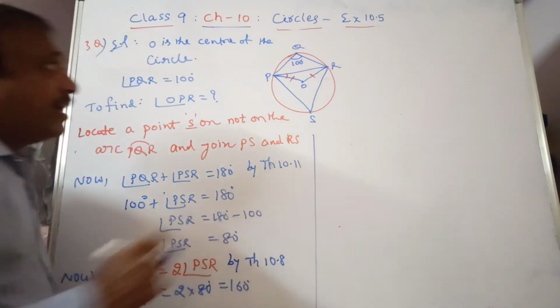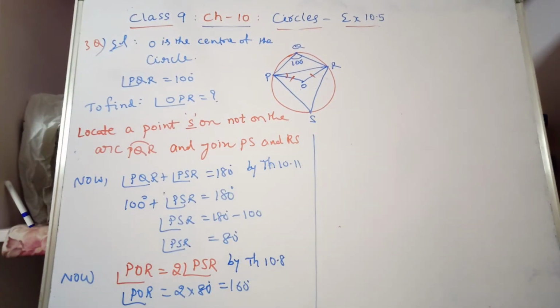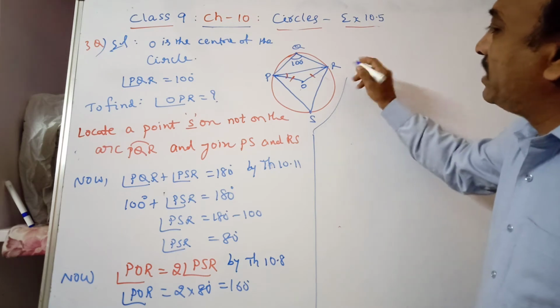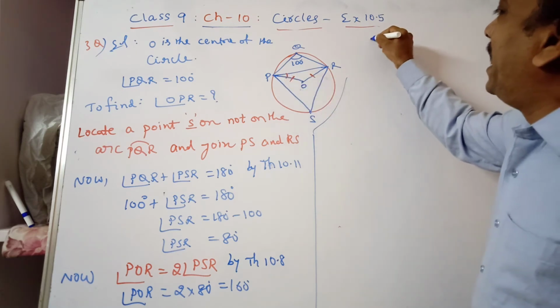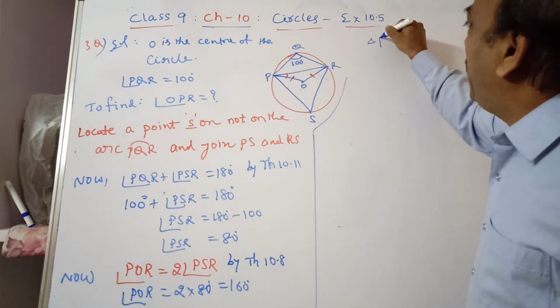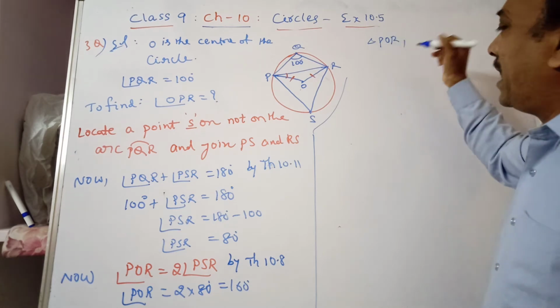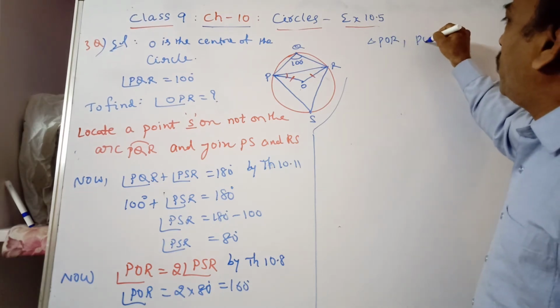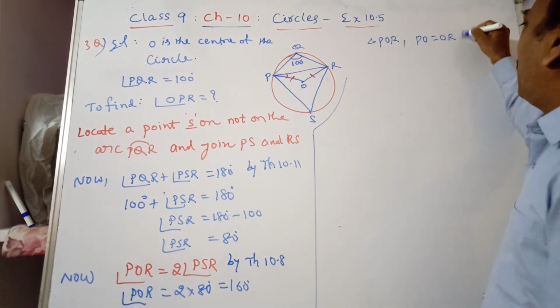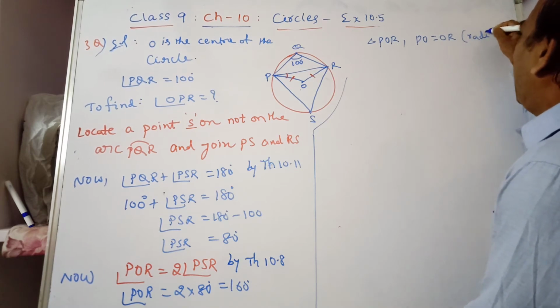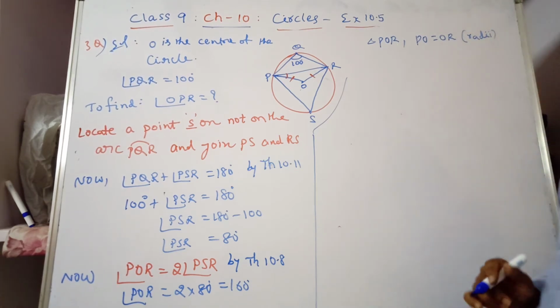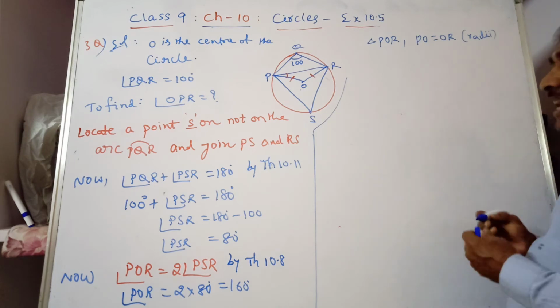Now, which is the isosceles triangle here? Can you say which is the isosceles triangle? Triangle POR. PO is equal to OR. The reason is that they are both radii. That means it is an isosceles triangle.